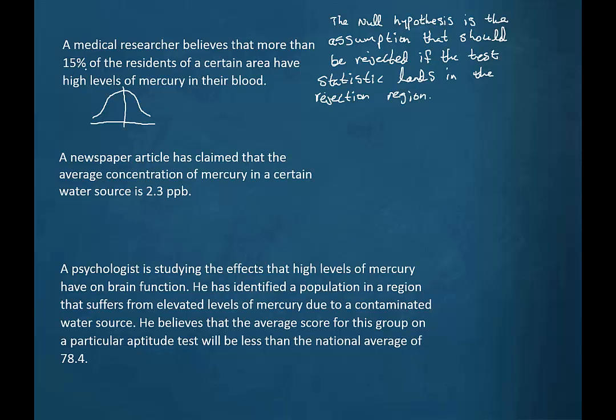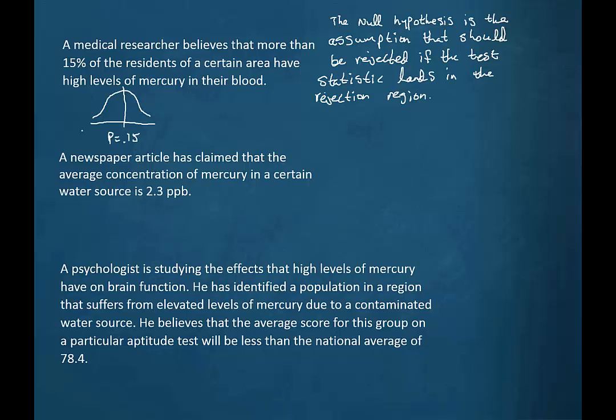It says 15%, which can also be written as 0.15. This medical researcher believes that more than 15% of the residents have high levels of mercury in their blood. So we're hypothesizing something about this proportion, whether or not it's greater than 15%.